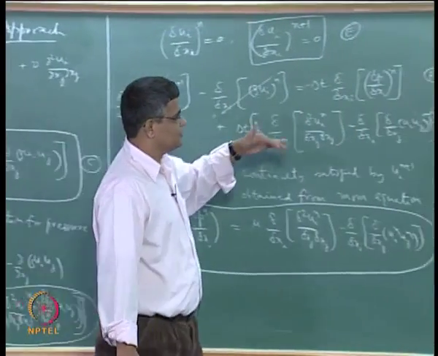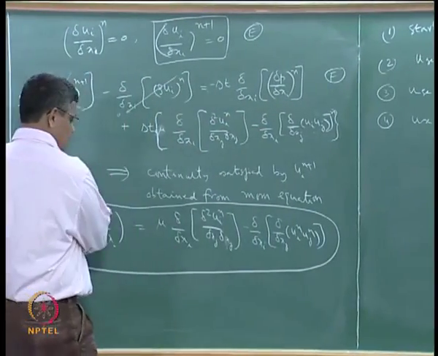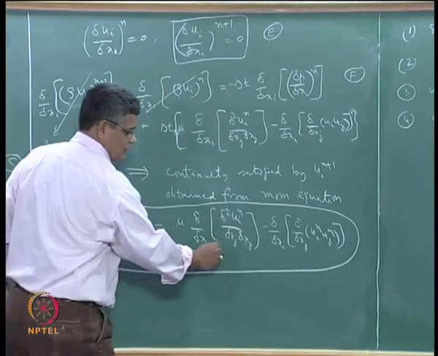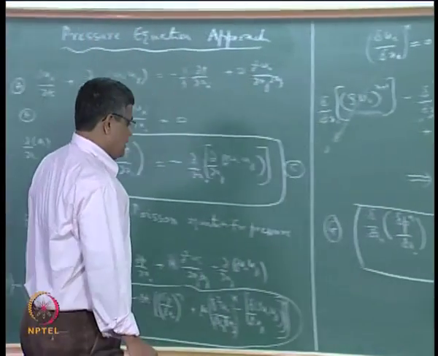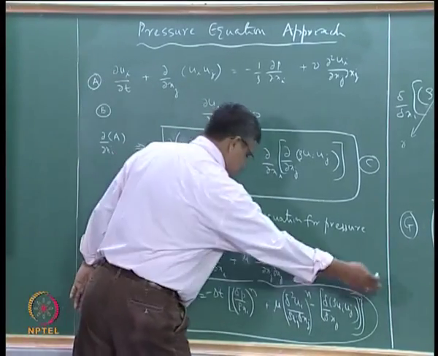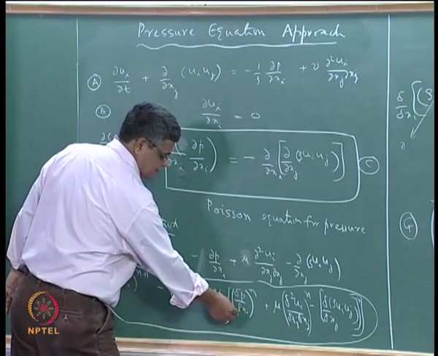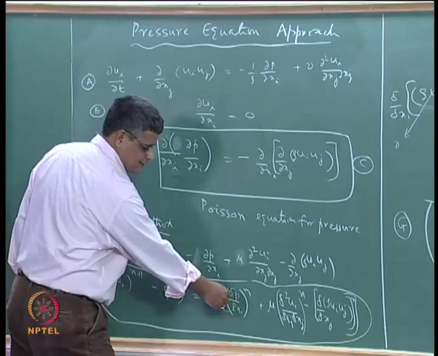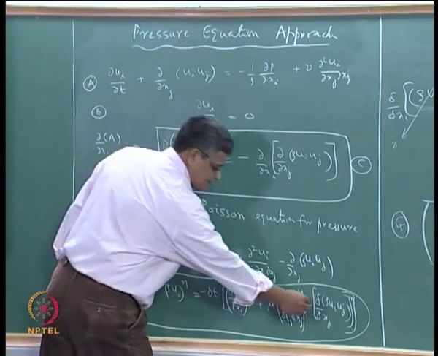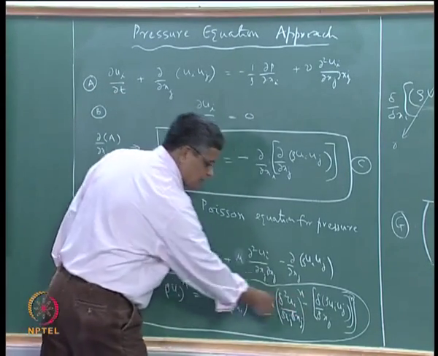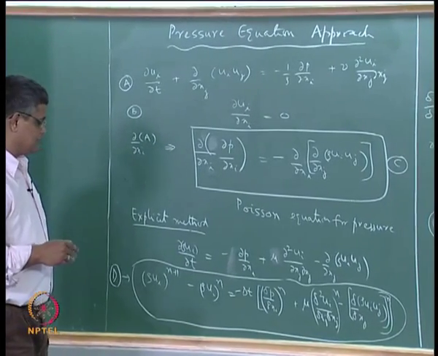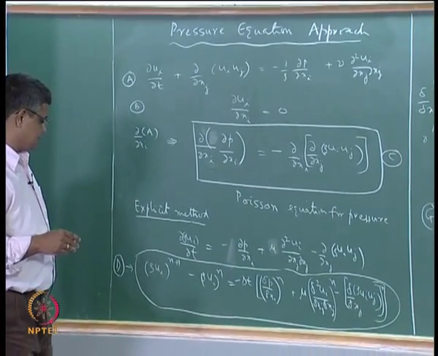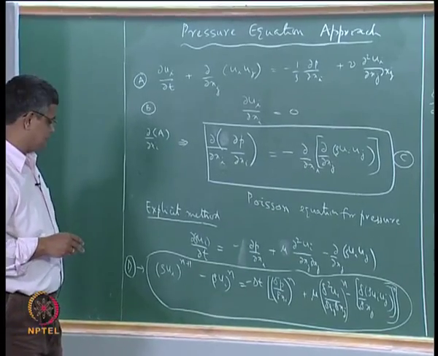So this requires us to solve a Poisson equation for pressure in which all the right hand terms are known in the explicit way, and once we have that, we have to evaluate of course the gradients in a consistent way. So the discretization of all these terms has to be done in a proper way so that we do not get instability and lack of consistency and all that.